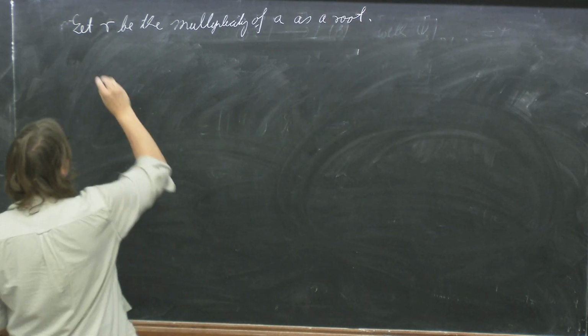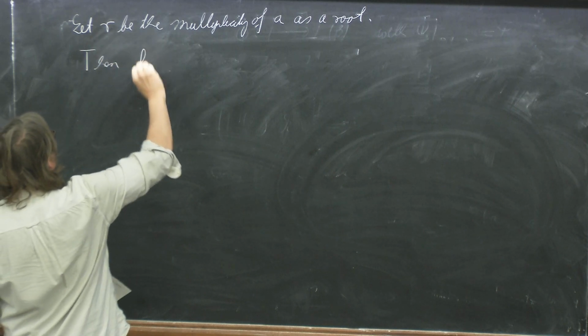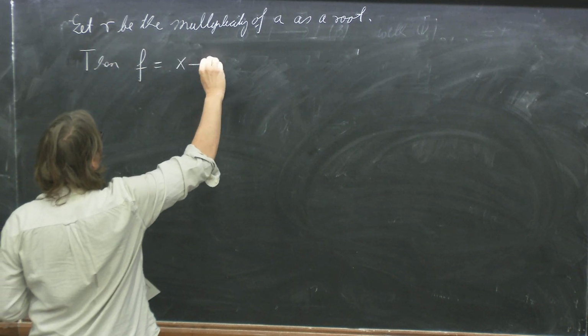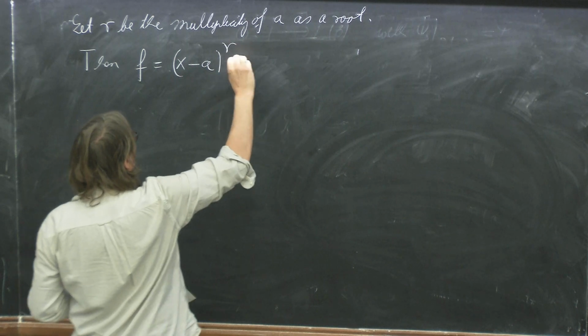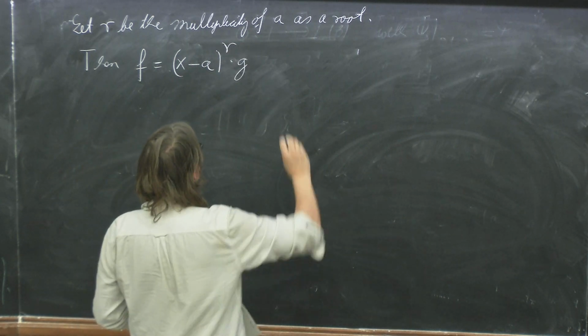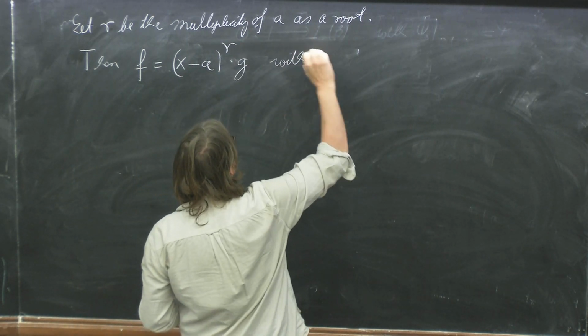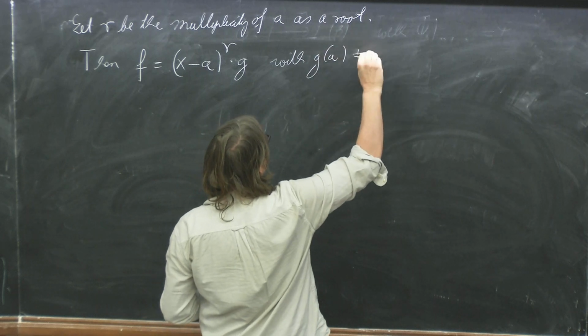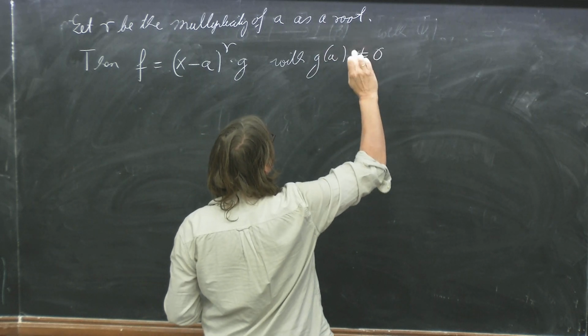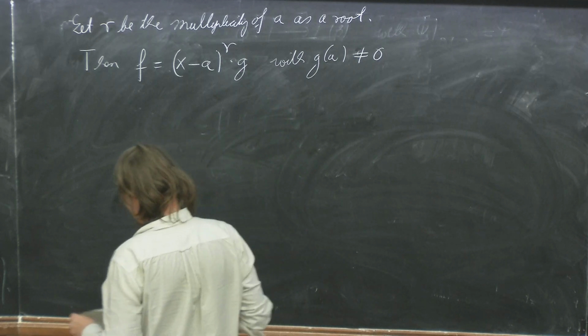Then we have that f is equal to (x minus a) to the r times g, with g(a) not 0.